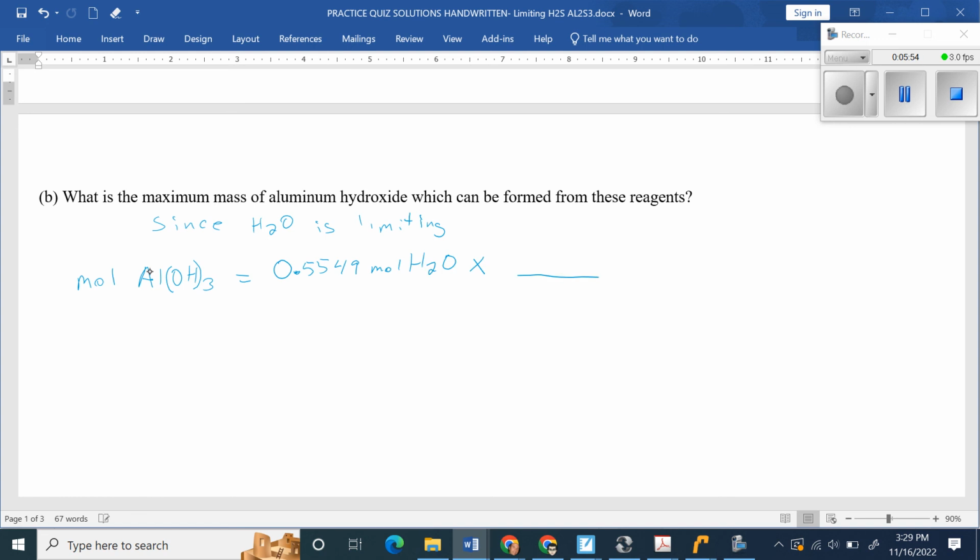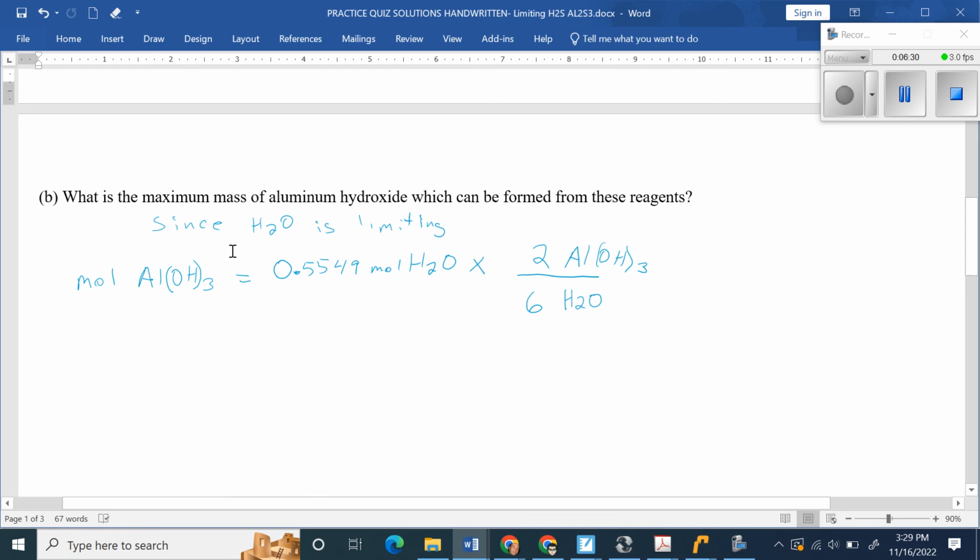And then so I'm going to multiply by the molar ratio of what I'm trying to find, right? So I'm trying to find aluminum hydroxide, right? And so I'm given water. Okay, and then this is, right, so based on the coefficients from the balanced chemical equation, a 2 to 6 ratio, right?